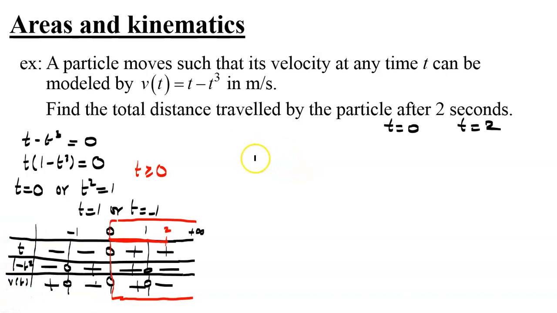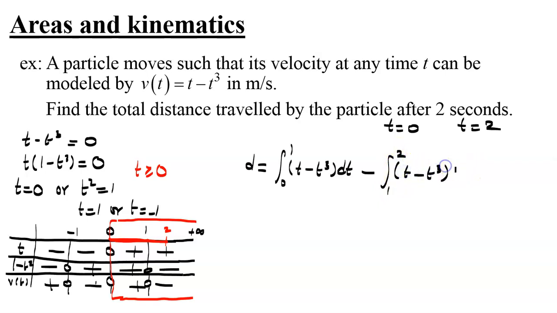So the total distance traveled that we're looking for is the integral from 0 to 1 of v of t, that is t minus t cubed dt, while between 1 and 2, the velocity being negative, it's minus the integral from 1 to 2 of the velocity.